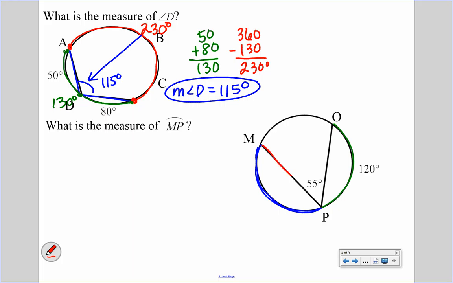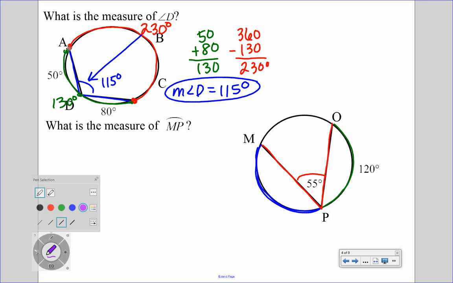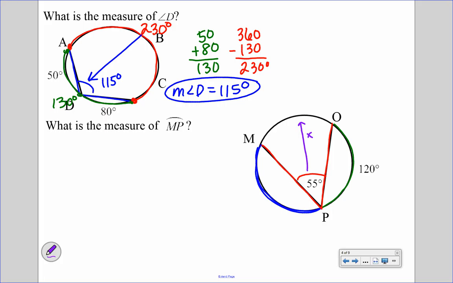I see that I have an inscribed angle that's 55 degrees. If I have an inscribed angle, I can multiply by 2 to get its arc, which is 110.